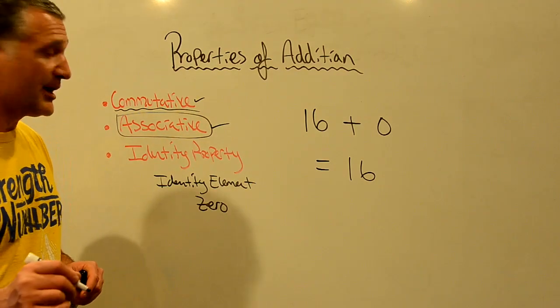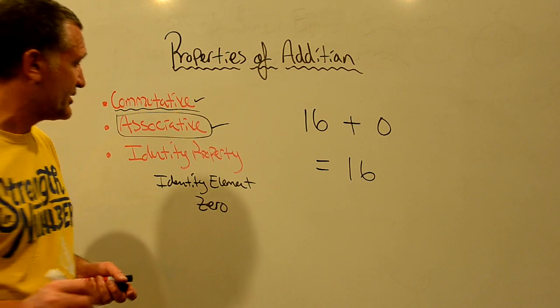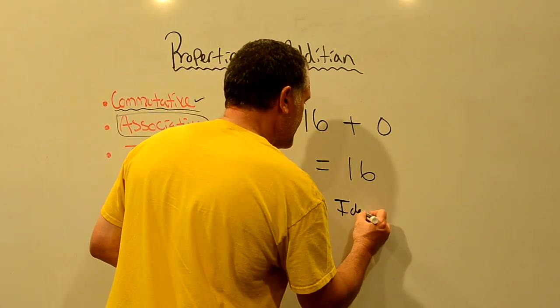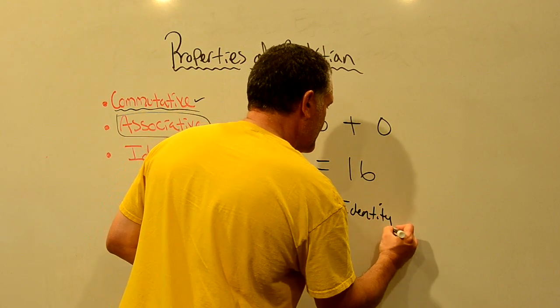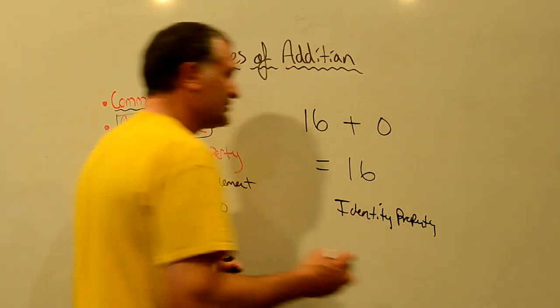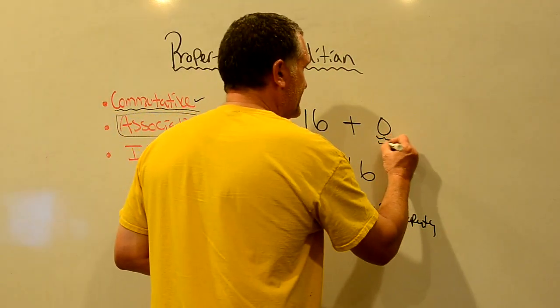Which of the 3 properties are we talking about? This one should be pretty simple for you. This one, of course, is the identity property of addition, with the identity element, of course, being 0.